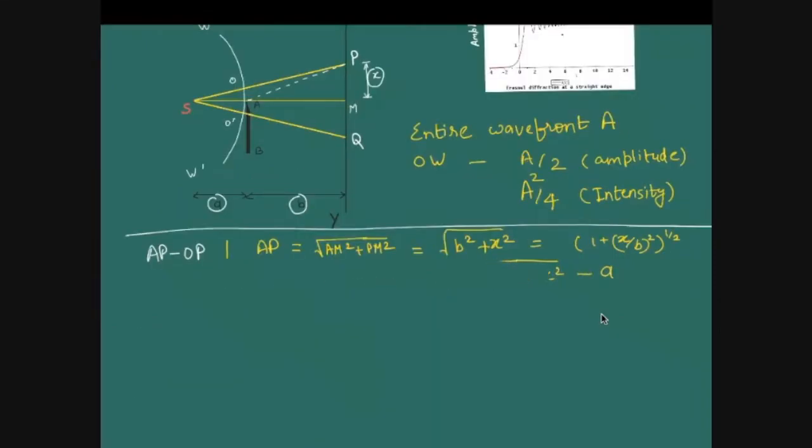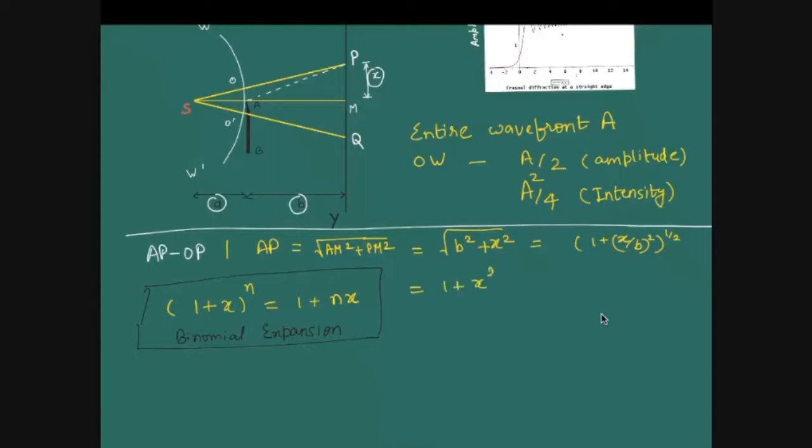Let us first finish writing AP after the binomial expansion and then we'll continue. Our binomial expansion is 1 plus x raised to n. We only consider the first term in the binomial, ignoring the rest of the terms. So it is given by nx.